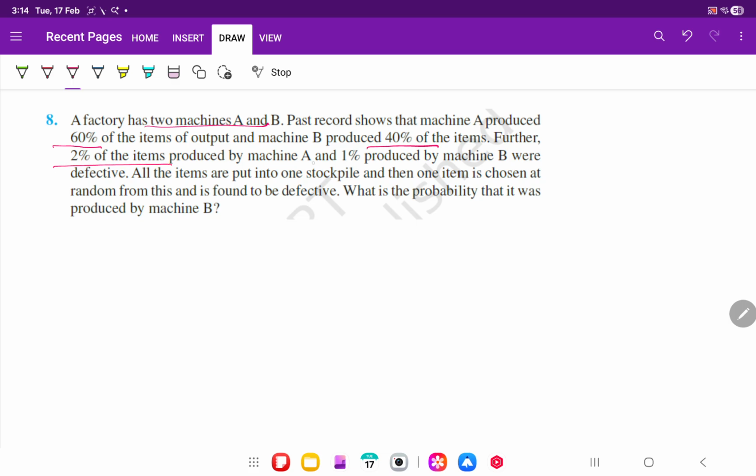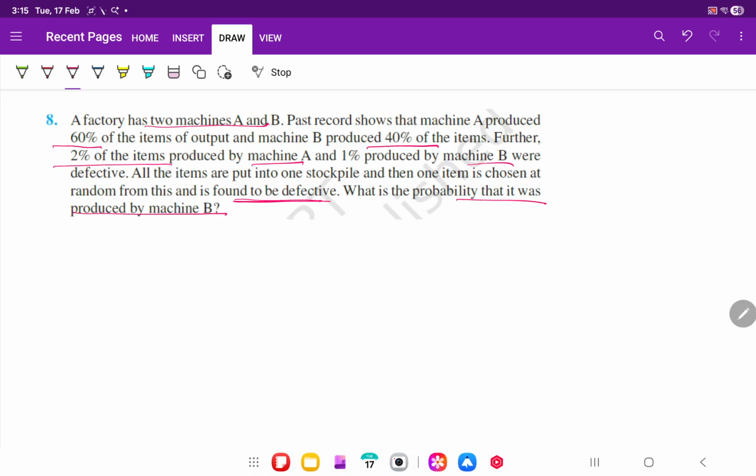Then 2% products are defective by machine A and 1% defective by machine B. Exactly like the example questions. Then all the items go into one stockpile, and one item is selected and it is found to be defective. So what is the probability that it was made by machine B?